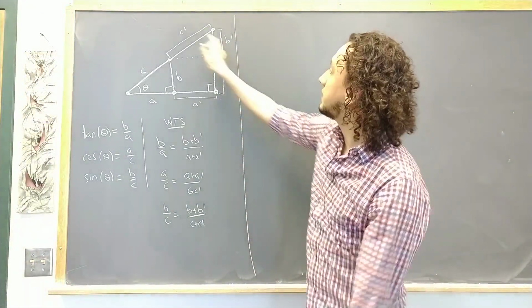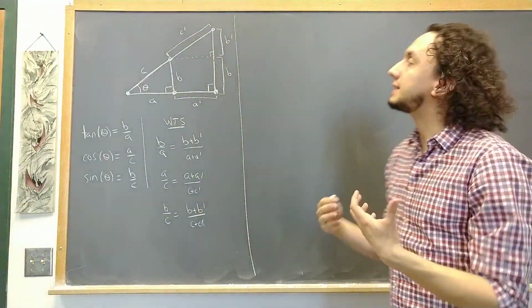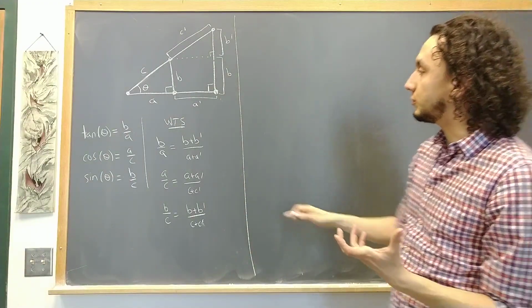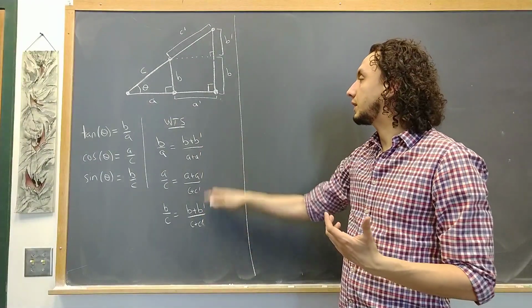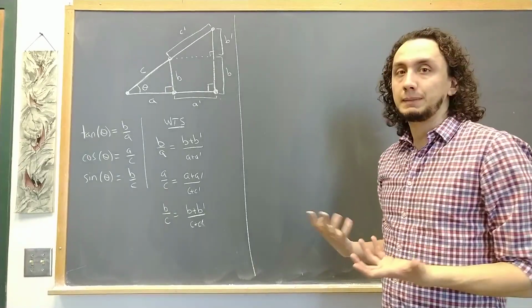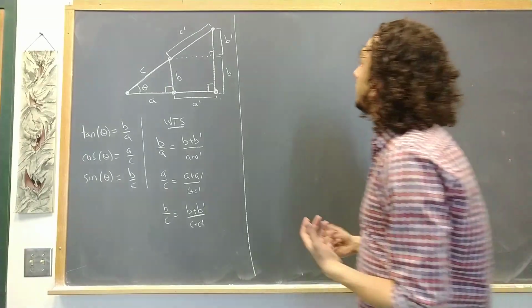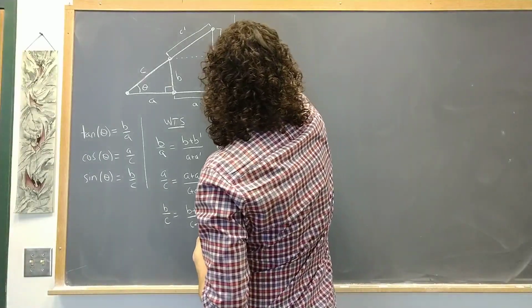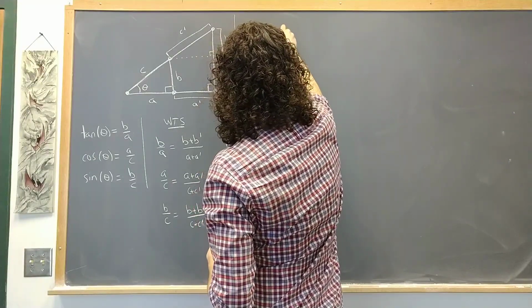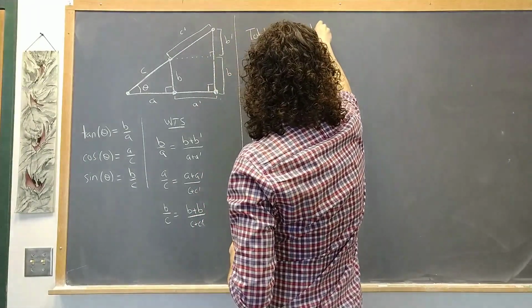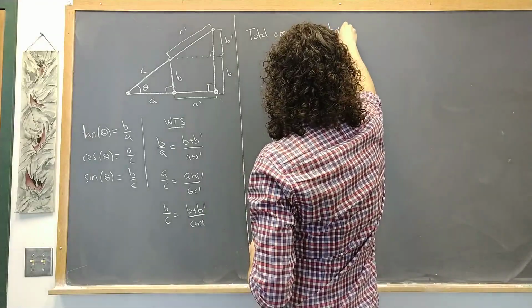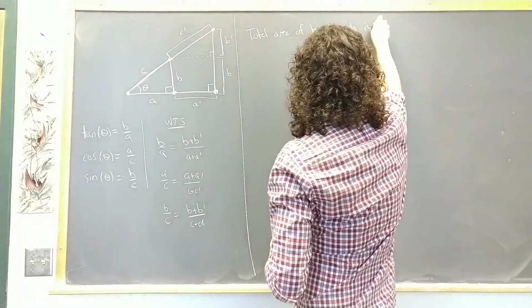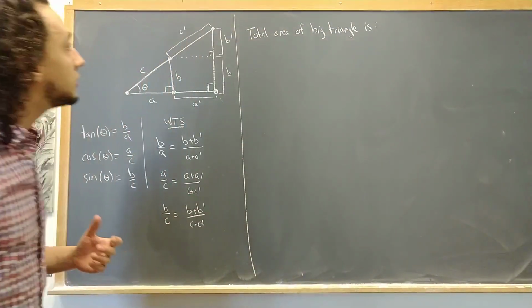And actually, this picture that I drew already has a hint of how to prove these three equalities using very elementary geometric arguments. Because the total area of the big triangle can be calculated in two ways.